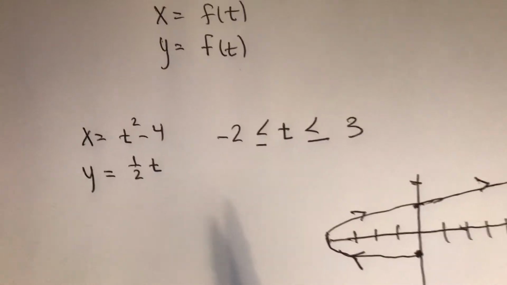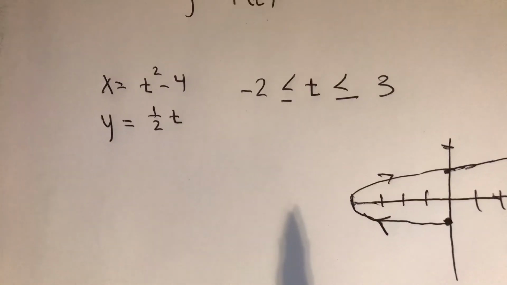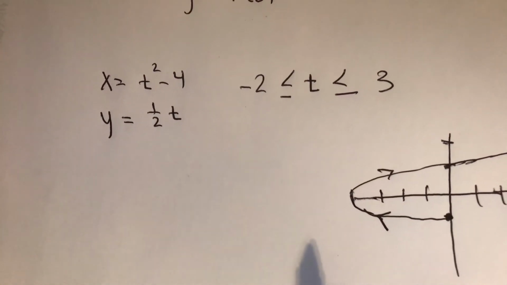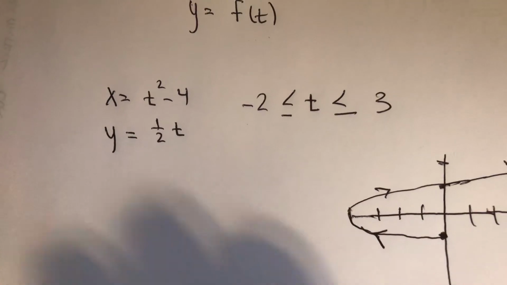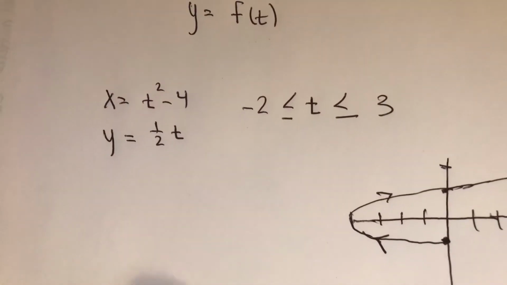Now, to convert a parametric equation to a rectangular equation, we do the following. And let's just go with this example that I have.